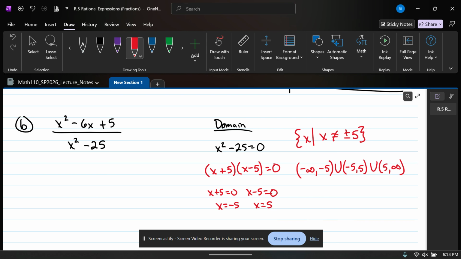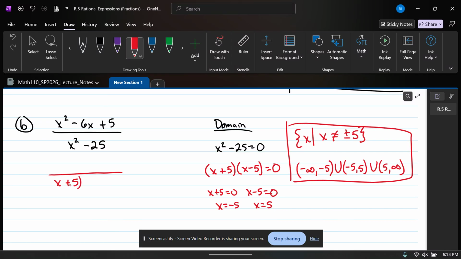Parentheses all the way through there. There is our domain in set and interval notation. The good news is because I used factoring to solve that denominator, I've already got the denominator factored as x plus 5, x minus 5. Now I just need to factor the numerator, see if I can get anything to cancel out.